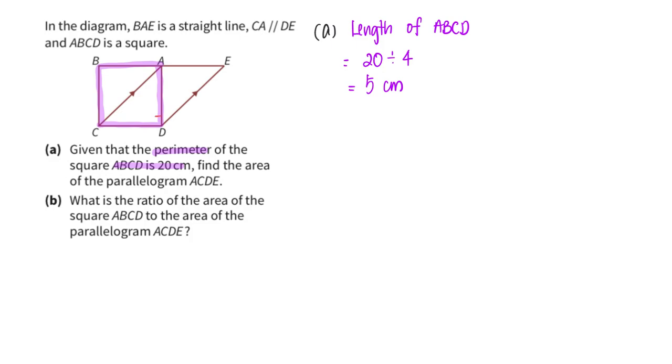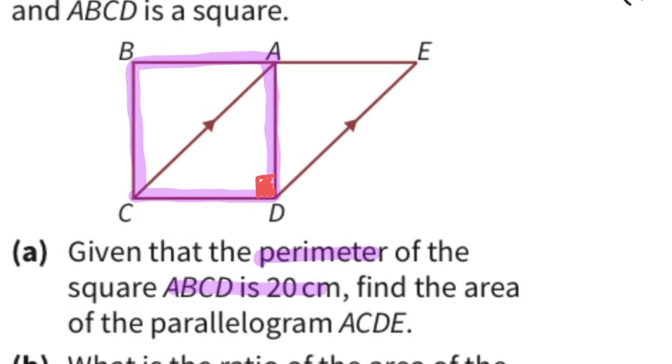Because then if we refer back to this particular diagram, we would see that this is 5 cm, this is also 5 cm, and they actually make up the height and the base of the parallelogram ACDE.